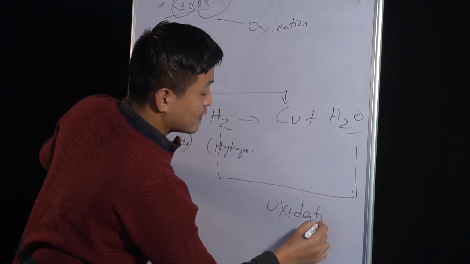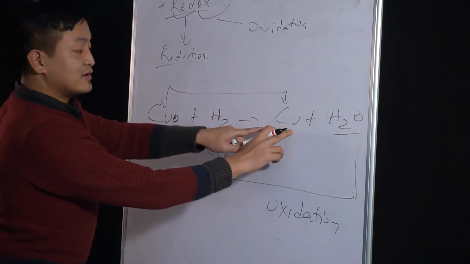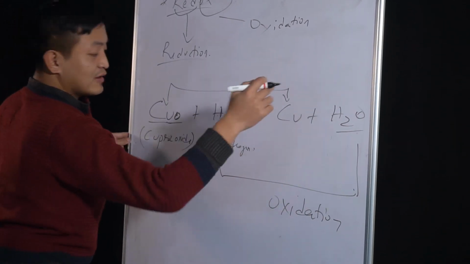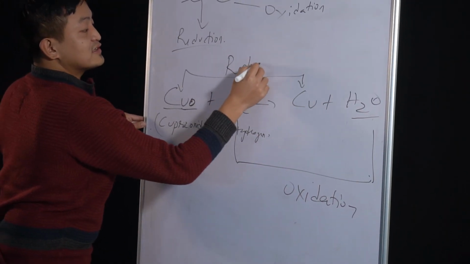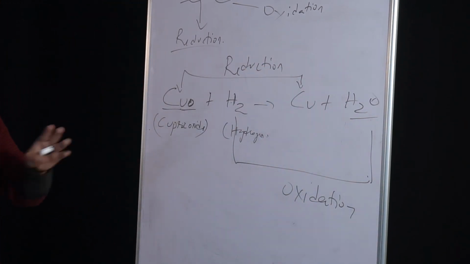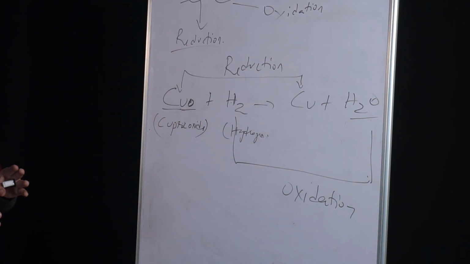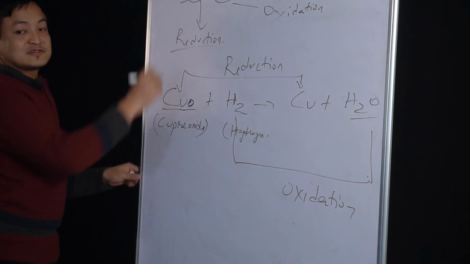So reduction and oxidation are taking place simultaneously. So this is an example for redox reaction.